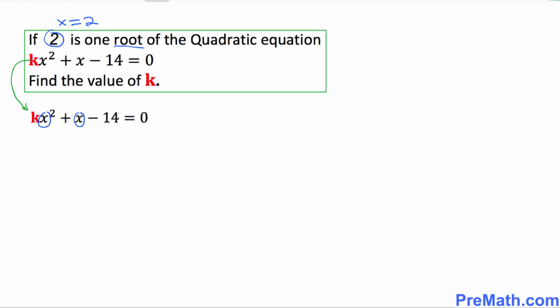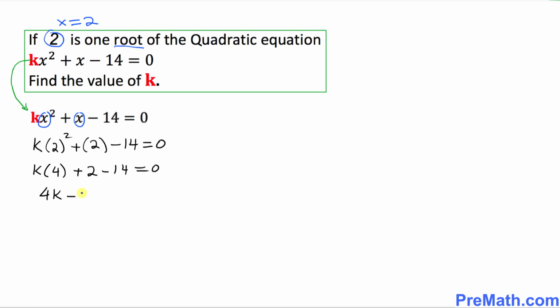So what is going to happen is k times x, which is 2, so simply put down 2 squared, plus 2 minus 14 equals 0. Let's simplify that one. k times 2 squared becomes 4k, plus 2 minus 14, which becomes negative 12 when you combine these two like terms, equals 0.